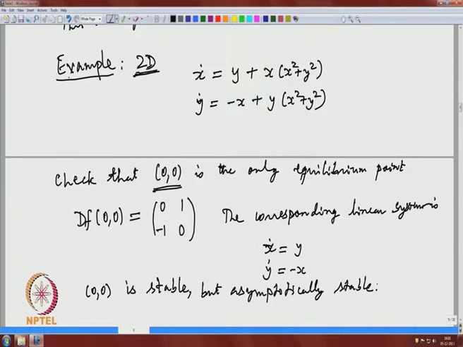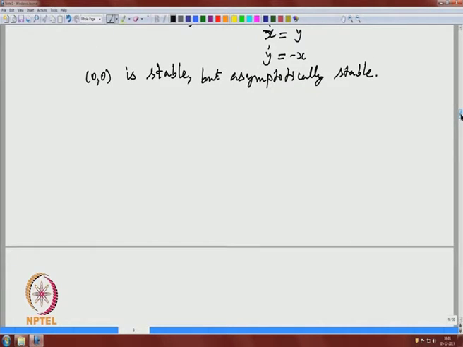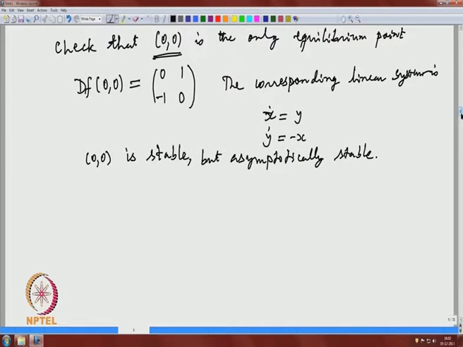And now we ask the question, is 0 0 stable for the original system? So, remember this is our original system. Okay. So, let us try to analyze in this case directly what will happen.